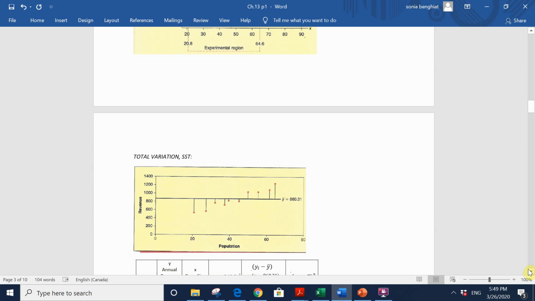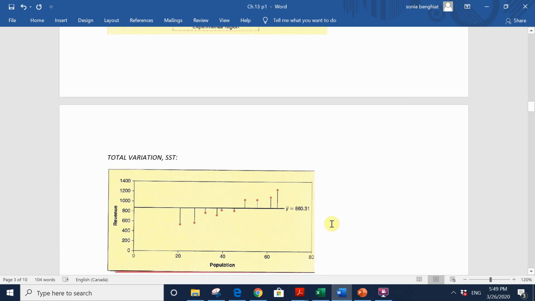That very basic benchmark model will be y bar. Y bar is in fact equal to 860.31. This is in my sample of 10 observations. So when I take my 10 Y values in my sample, this is the Y bar that I'm getting.